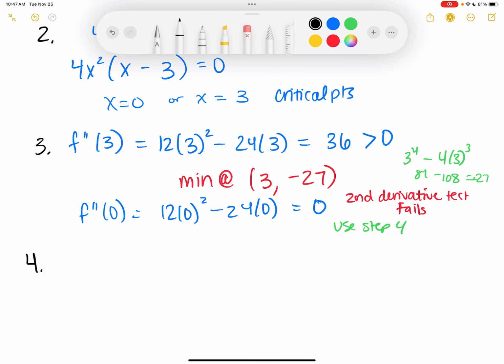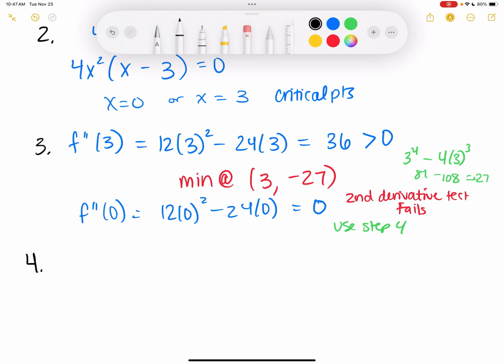All right, so step 4 said if the first derivative is equal to 0 and the second derivative is equal to 0, evaluated at the critical points, then check the signs of y prime as x increases through c. So I'm looking at what happens to the first derivative as we go through that critical point value.